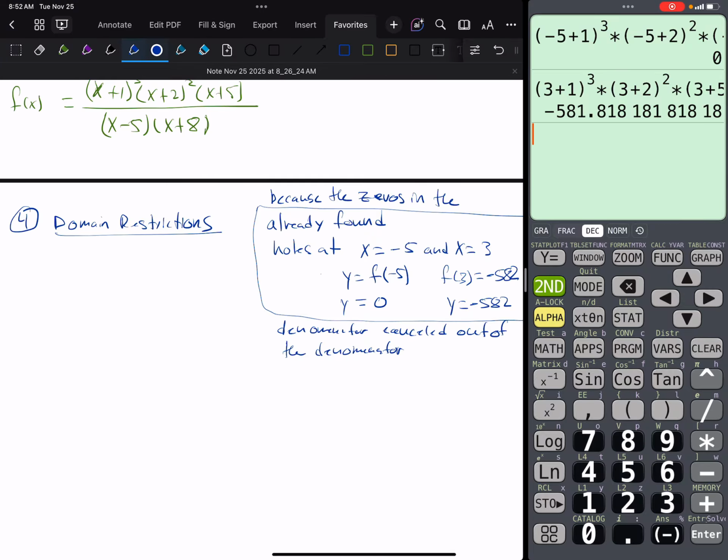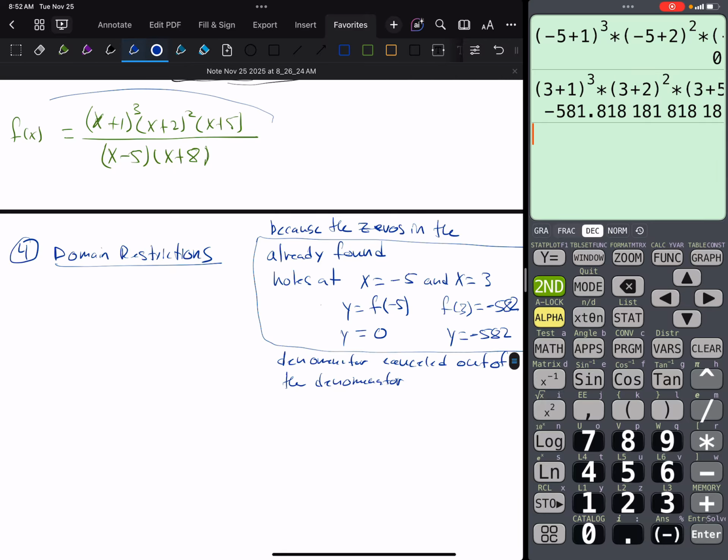Okay, so what we're looking for now are the zeros that are left over, because they do affect the scaling of my function at places other than their exact point. And that just means I need to take the denominator, set it equal to 0, and solve for x, because that will give me all the x locations that cause me to divide by 0, that cause me to have a number over 0.